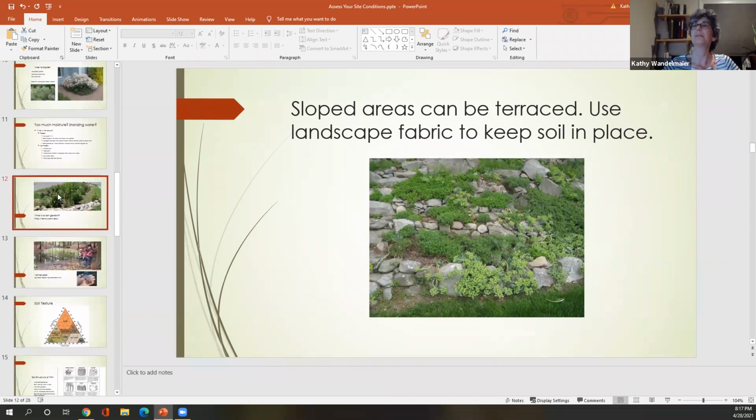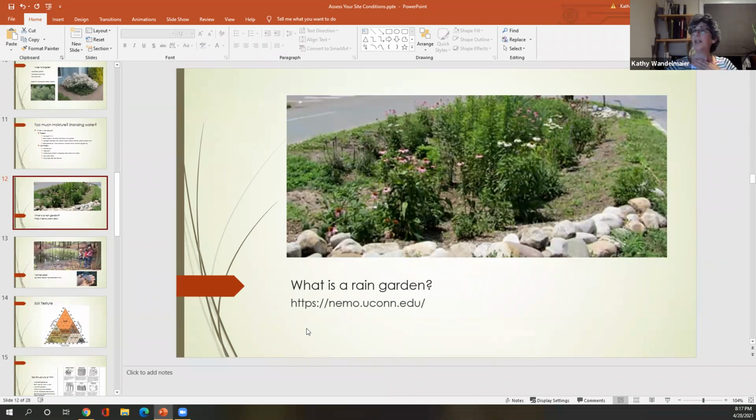Here it is. https://nemo.edu. Okay, for anybody who's contemplating a rain garden.